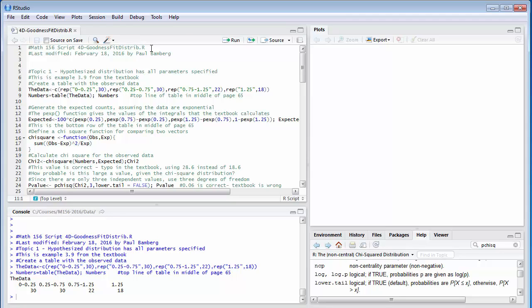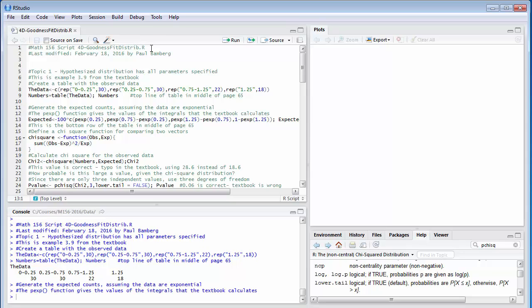Now, the hypothesis is that these data come from an exponential distribution with parameter 1, and R has built in exactly the function we need for that. It's p(exp), which gives the probability that the value of an exponentially distributed random variable is less than or equal to some number.